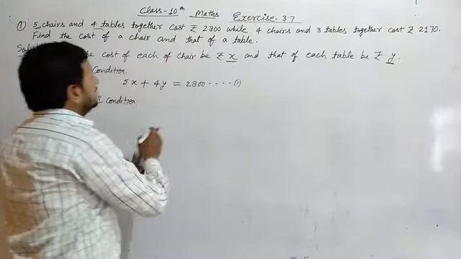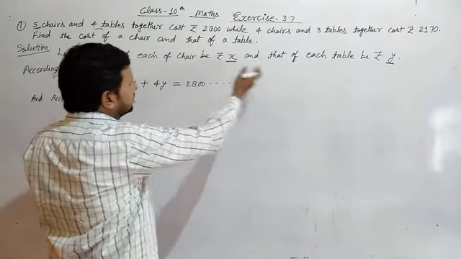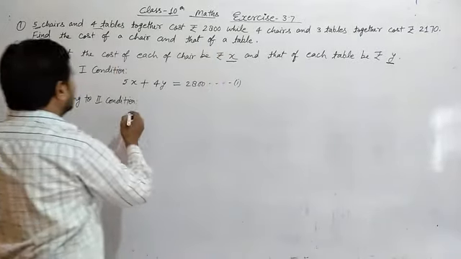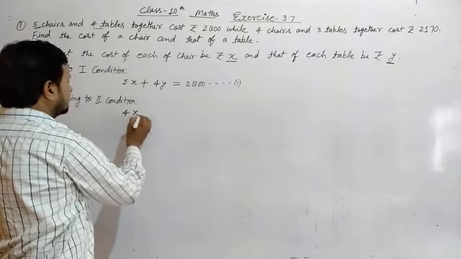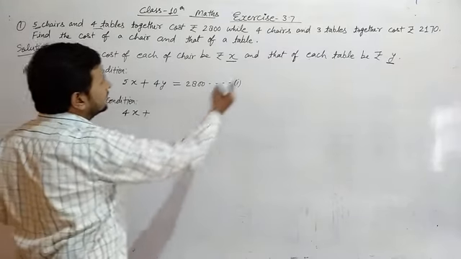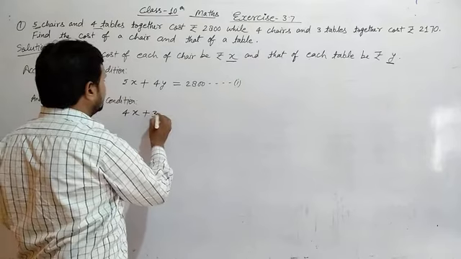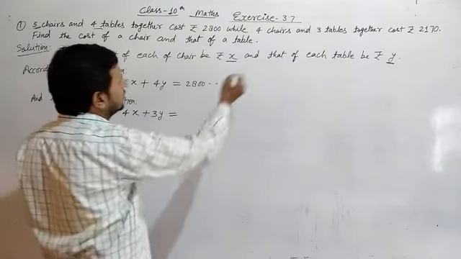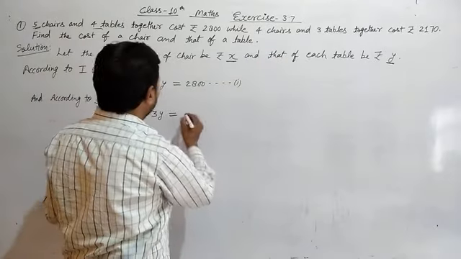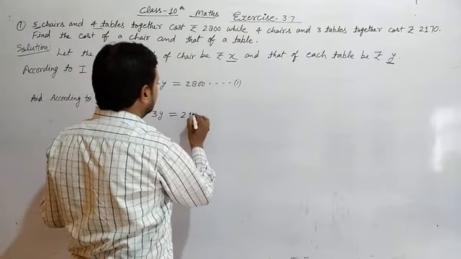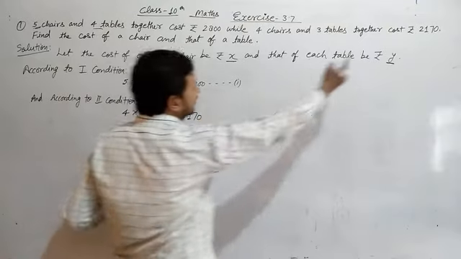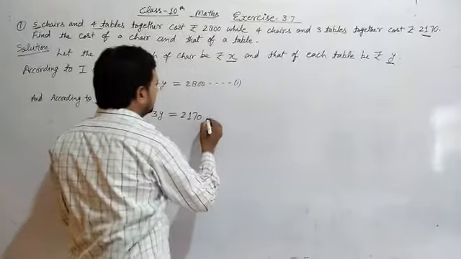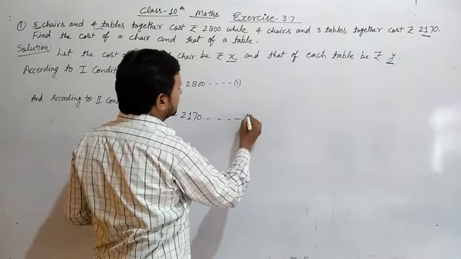Same as, the cost of 1 chair is X and 1 table is Y. So the cost of 4 chairs is 4 into X, means 4X, plus the cost of 3 tables is 3Y, is equal to the total cost 2170 from the question. Now this will be the second equation.